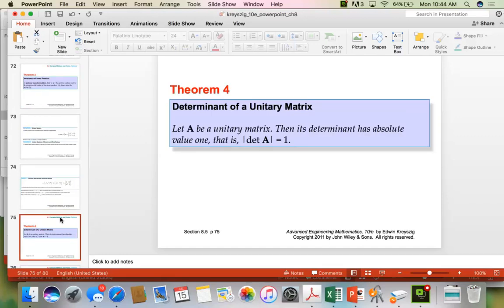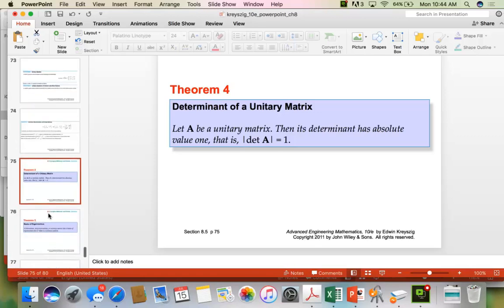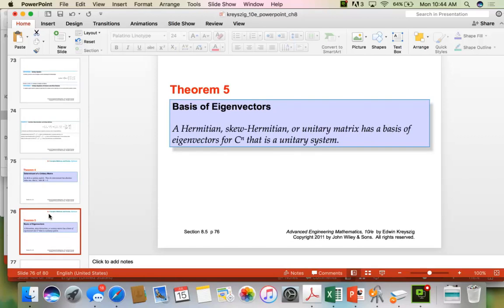All right, for a unitary matrix, the absolute value of the determinant is equal to 1. And then another important theorem is that a Hermitian, a skew-Hermitian, or a unitary matrix is going to have an eigenvector basis that is a unitary system.